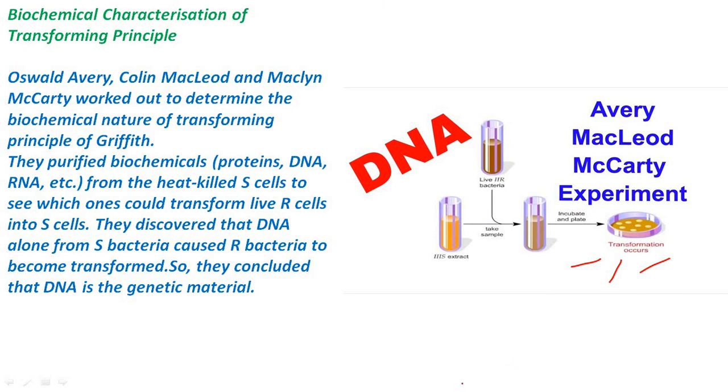So this experiment of Avery is very similar to the fourth experiment performed by Griffith. Griffith used heat-killed 3S bacteria, but Avery used the DNA from the heat-killed 3S bacteria. Griffith performed the experiment on mice, but Avery performed it on culture medium in a petri dish. The results are similar in both experiments, and therefore the active principle of the 3S heat-killed bacteria is nothing but the DNA.